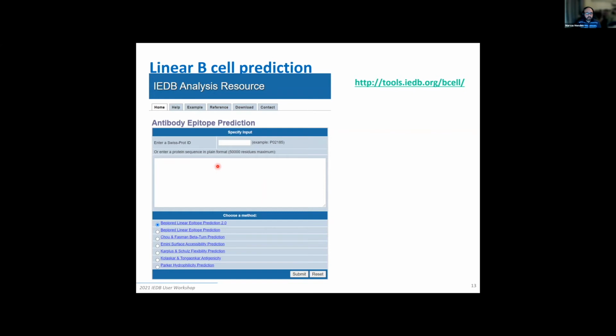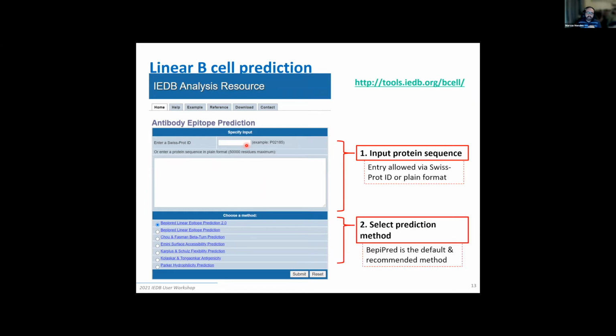If you don't have the sequence, you can paste the UniProt code or the Swiss-Prot ID of that protein. And down here, you can select which method you want to use to predict the epitope.